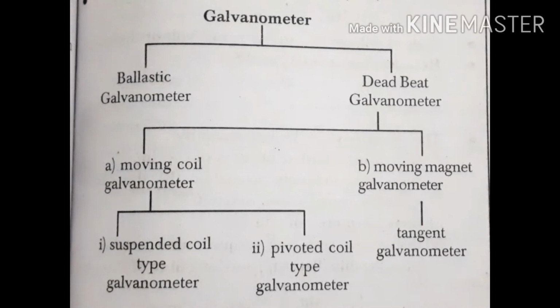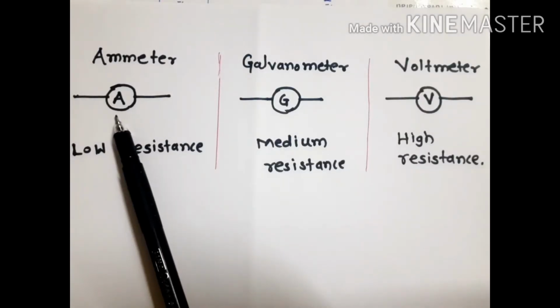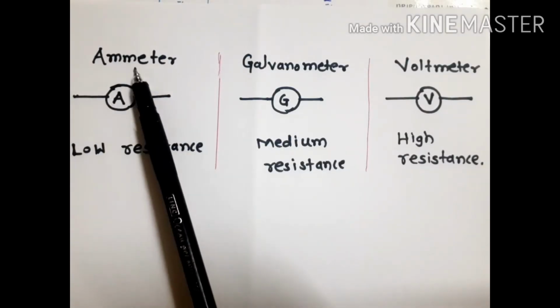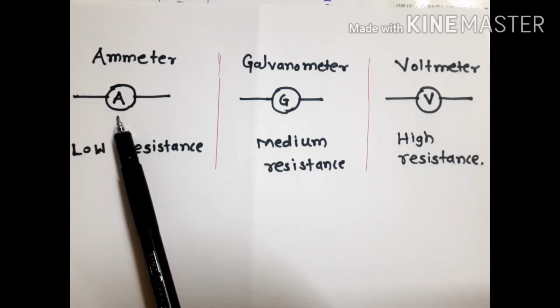Now our aim is to see how we will convert a galvanometer into an ammeter and a galvanometer into a voltmeter. This is the symbolic representation of an ammeter. We know that an ammeter is a current measuring device.